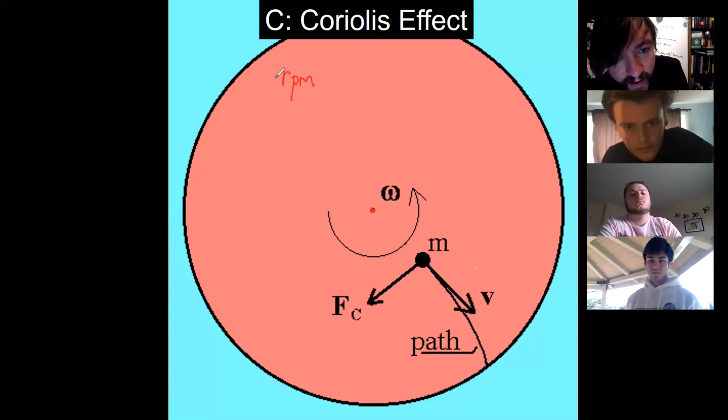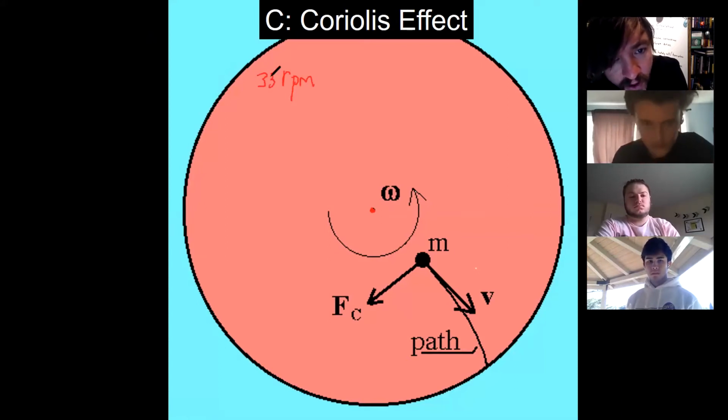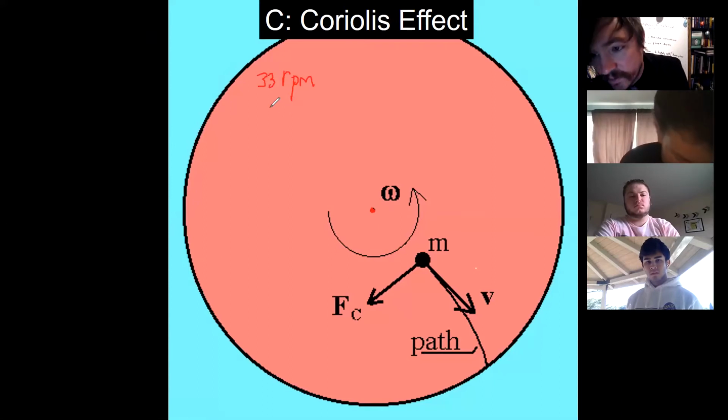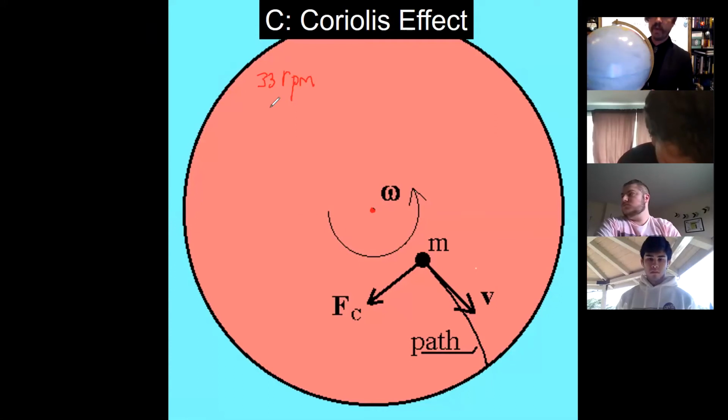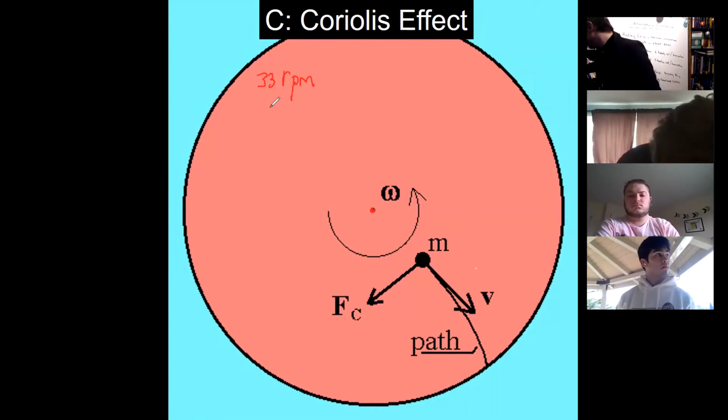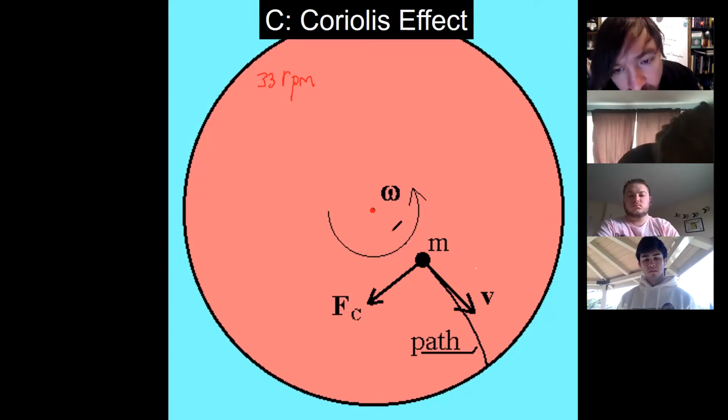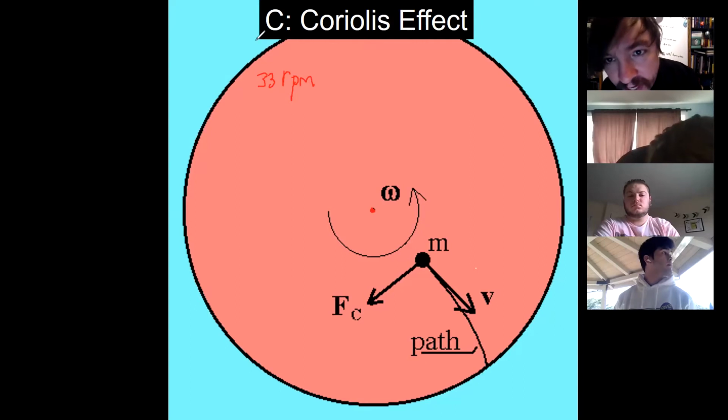At least a standard LP does. A record is an example of what we would call a rigid body rotor. A rigid body rotor, like the Earth, is one in which all parts complete a rotation at the same time. For instance, all parts of the record are rotating around 33 times per minute.